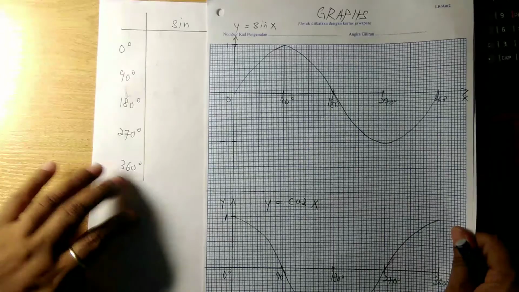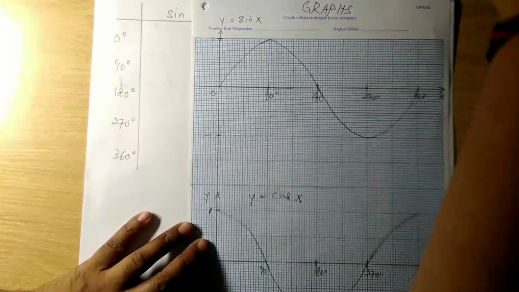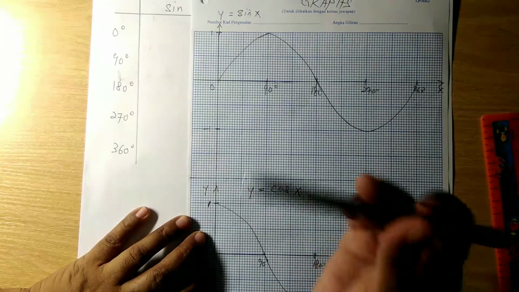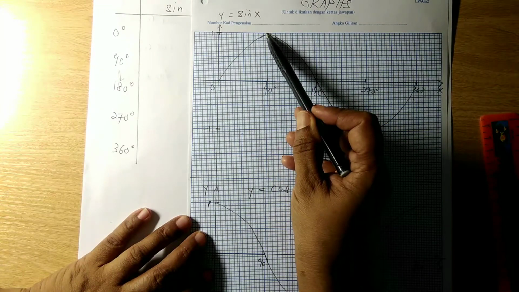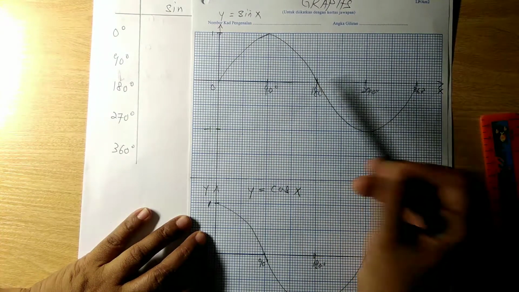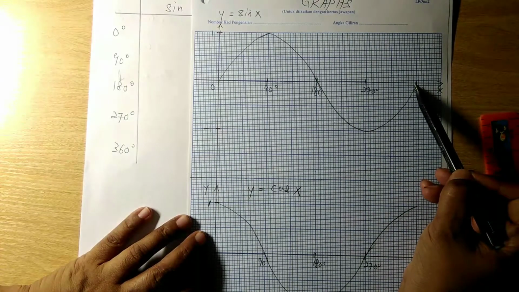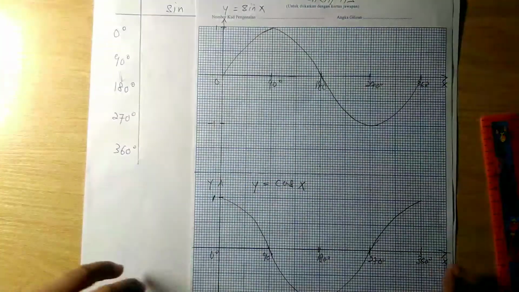When you look at the graph of sine, you realize that the pattern is that the graph starts from 0, goes up to 90 degrees, comes back to 180, 270 and 360 degrees. So from here we can determine the values of sine.